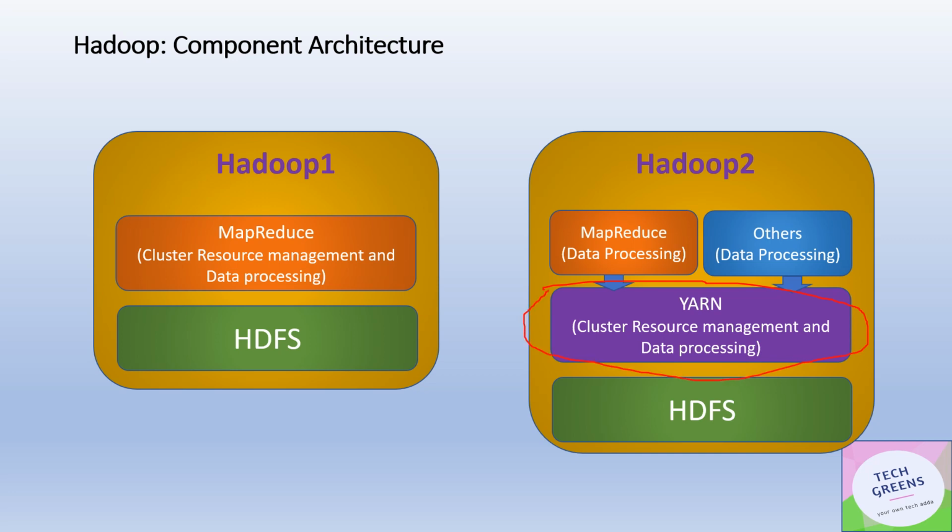YARN stands for yet another resource negotiator. This is the cluster manager, resource manager, and it facilitates the data processing through MapReduce. Also on this layer, other data processing engines can be hooked up. So primarily, in the current system, we can say there are three layers. One is MapReduce, another one is YARN, and the bottom one is HDFS.